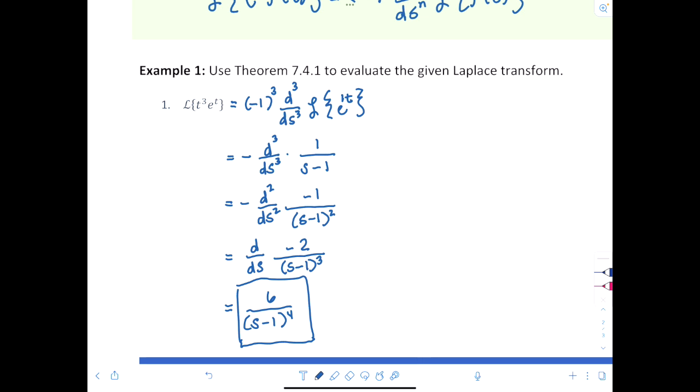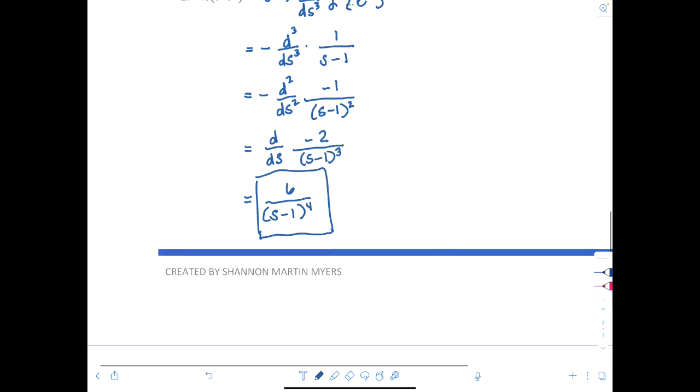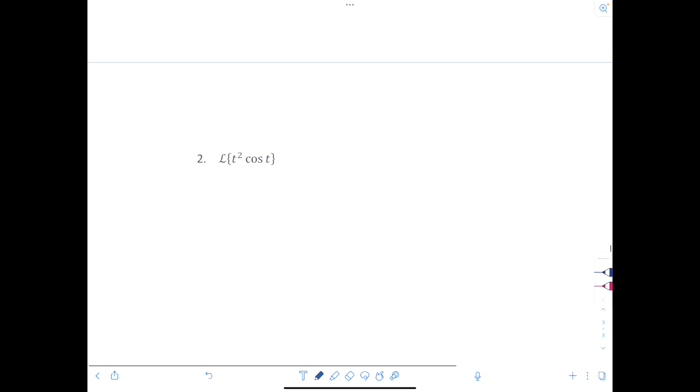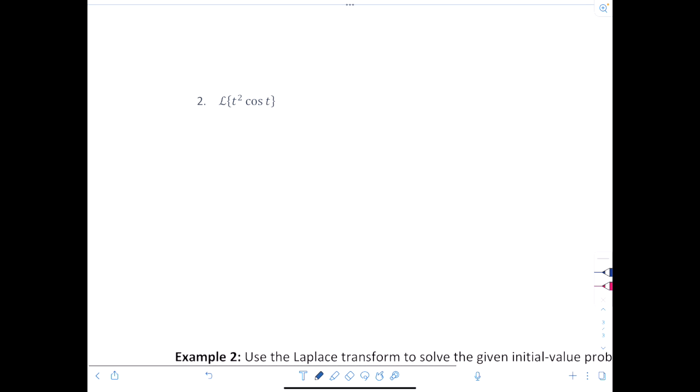Now, let's take a look at the next one. So now we have the Laplace transform of t squared times cosine of 1 times t. So the k in this formula will be 1. So let's check it out. So this will be negative 1 squared, because we're doing second derivative.